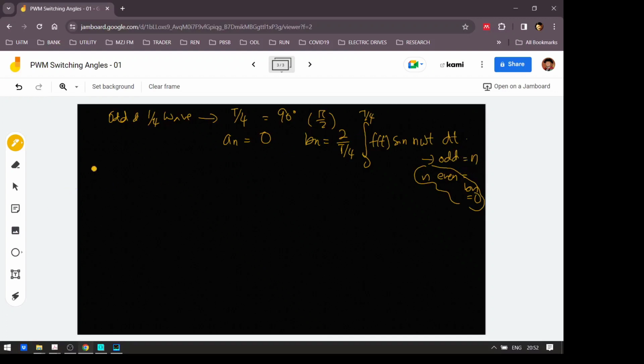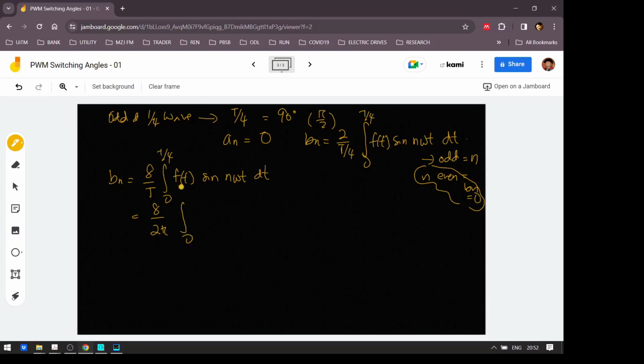Now we rewrite the bn. So we have 8 over T, 0 to T over 4, f of t sine n omega t dt. Now convert that into radians, then we get 8 over 2 pi.